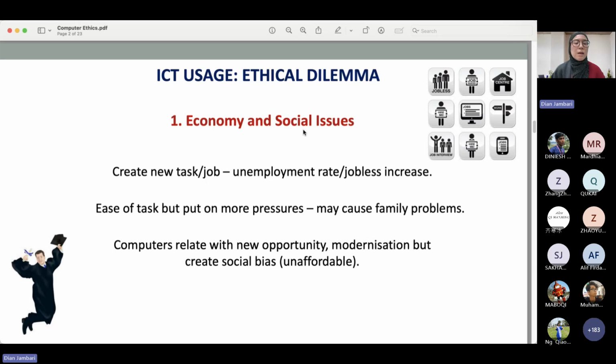But it may also put more pressure. For example, let's say AI can help make some tasks faster. Before the use of AI technology, a task may take several days to complete, but with AI, we can solve that within a few seconds. That's a good thing, which means productivity can increase, which means we can do more with the use of this ICT.